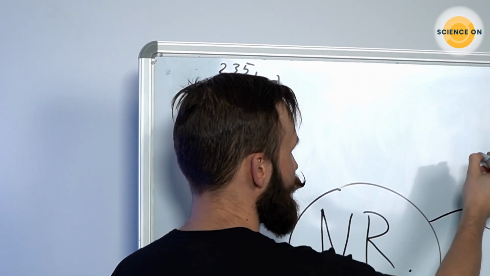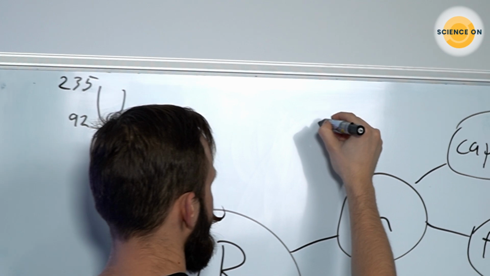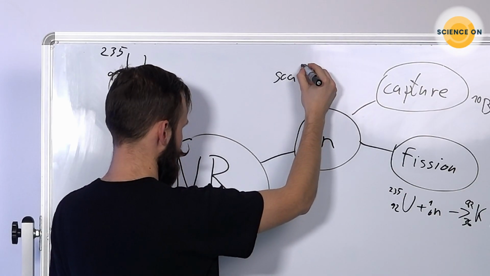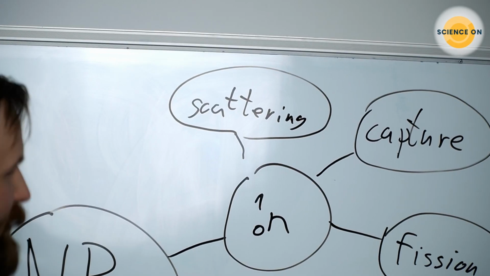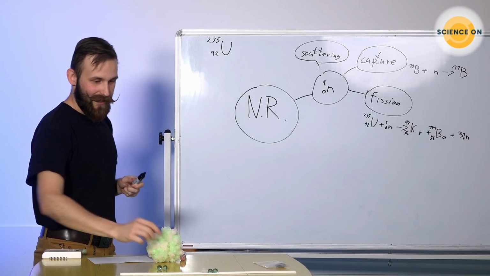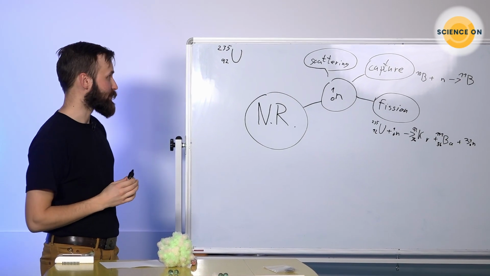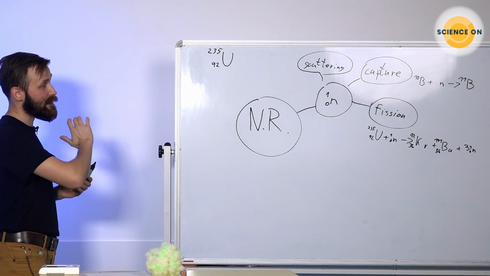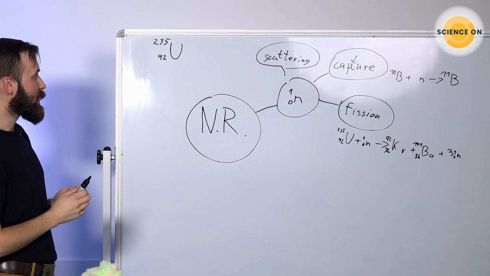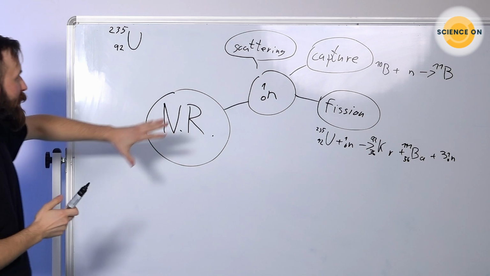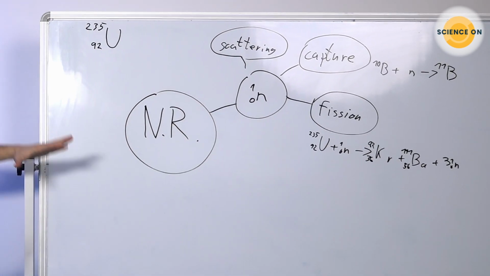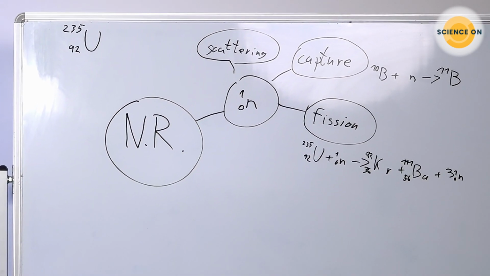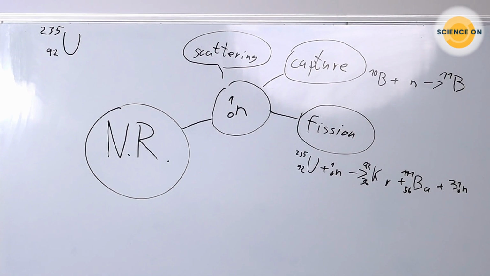And there was also the scattering, the nucleus scattering reaction, which occurs when we slow down our neutrons. So these were the reactions.